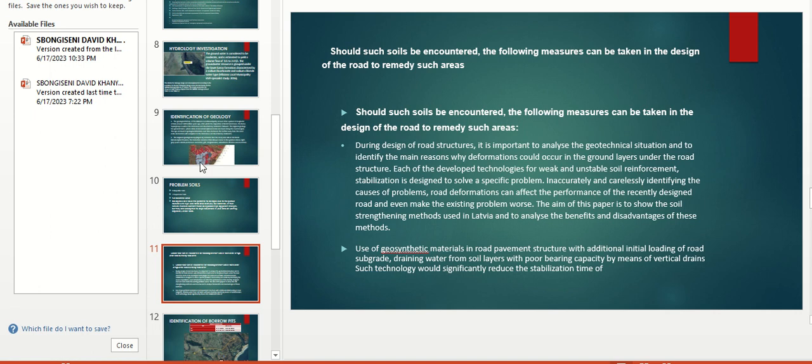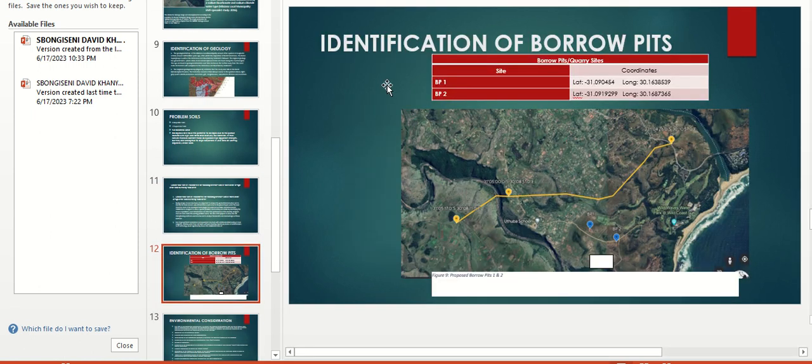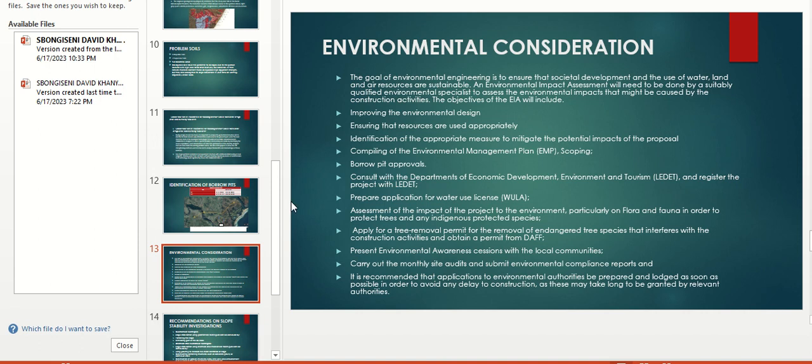During the design of the road or structure, it's important to analyze the geotechnical situation and also identify the main reason why deformation can occur. We have identified two borrow pits which we will extract the material from in order to substitute the problem soil that we have identified.